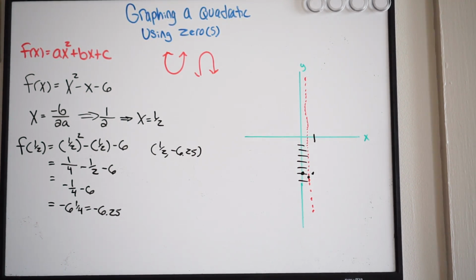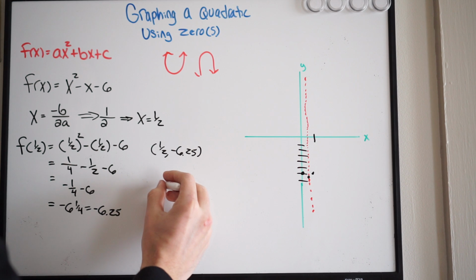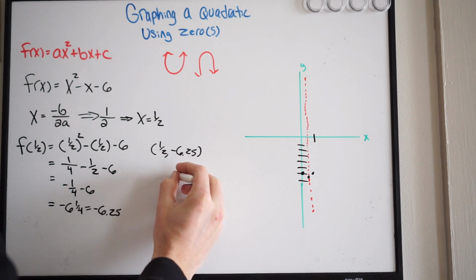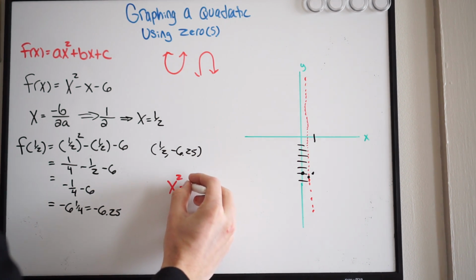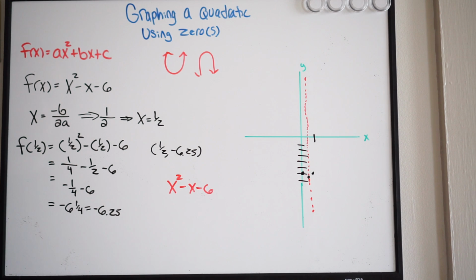Now the problem states graphing a quadratic using zeros, so what we need to do now is find the zeros of this function. Now in order to find the zeros, we're going to have to factor this. So I'm going to rewrite the function. Right here we have x squared minus x minus 6. Now if you saw my previous videos, I talk about factoring using the AC method.